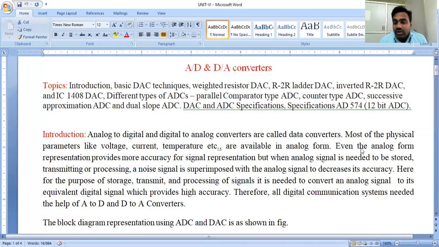Our most important objective is providing accuracy in the conversion from analog to digital or digital to analog. How can we maintain accuracy? By using proper methods and designing a proper configuration of data converters, we can clearly provide accuracy.